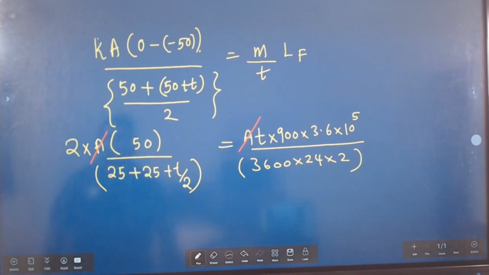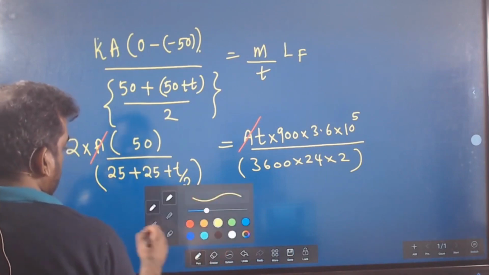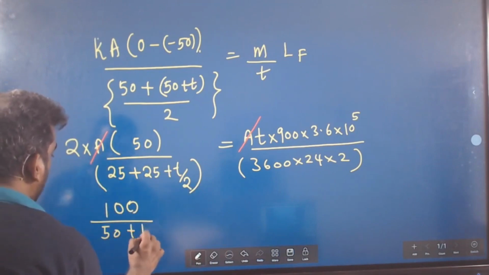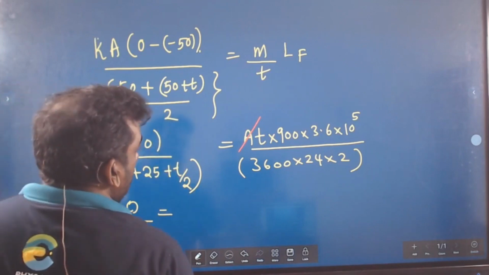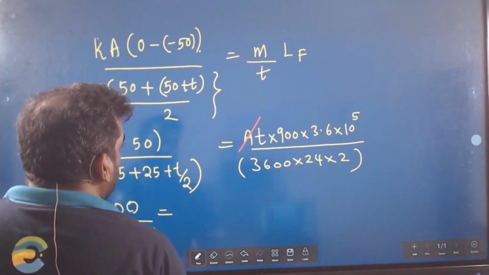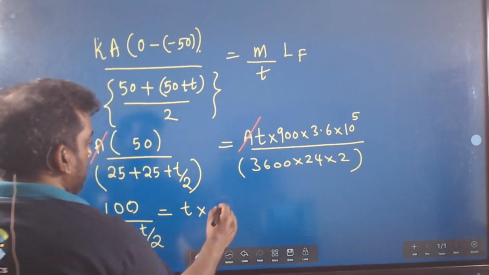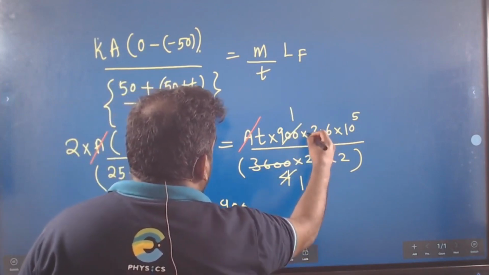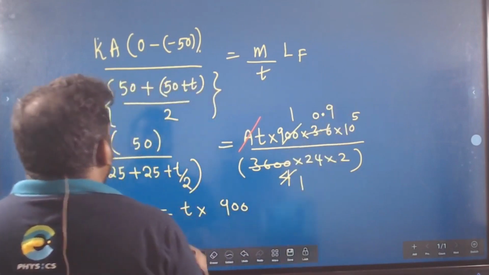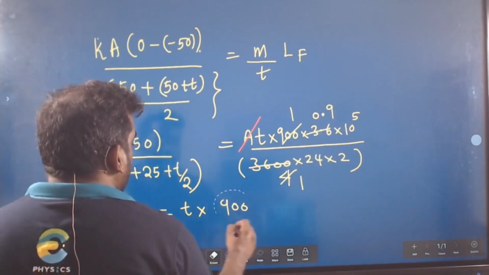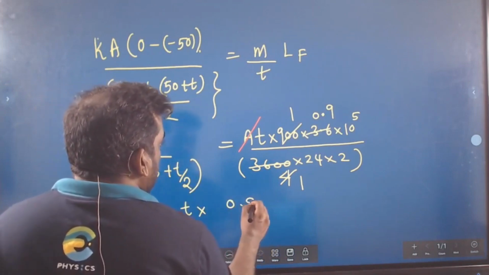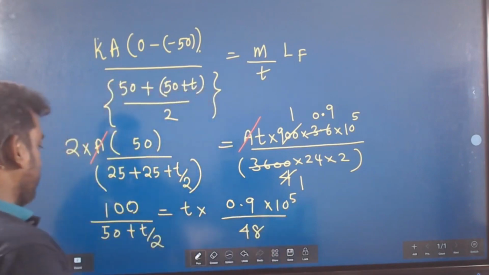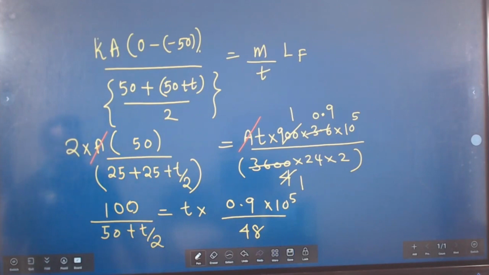Areas cancel off. So here you have 100 over (50 plus thickness)/2. Simplify here, thickness T. 900 times 4 times 1, 0.9, 10 to the power 5, 48. 0.9, 10 to the power 5, 48.